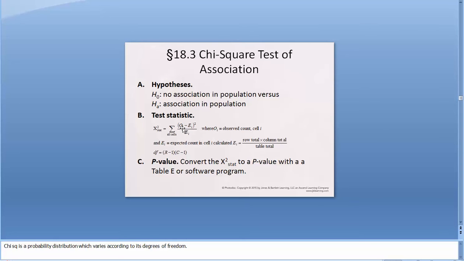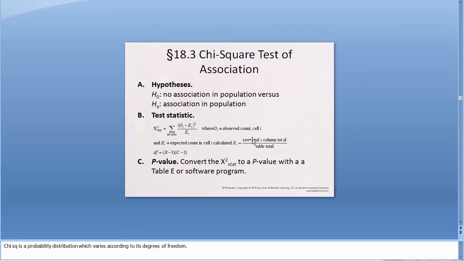Now this O_i means how many do you observe for each cell in that table. Okay, O_i are the observed count. E_i are the expected count. How many do you expect in each cell if H null is true? And how do you calculate expected value? Right here.